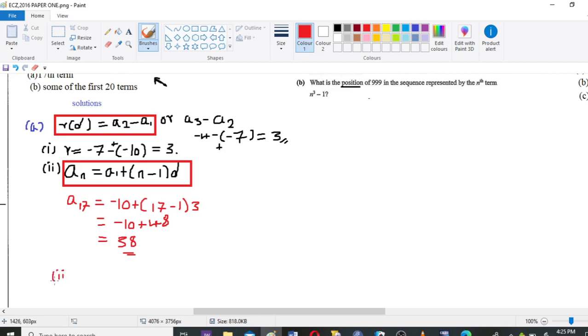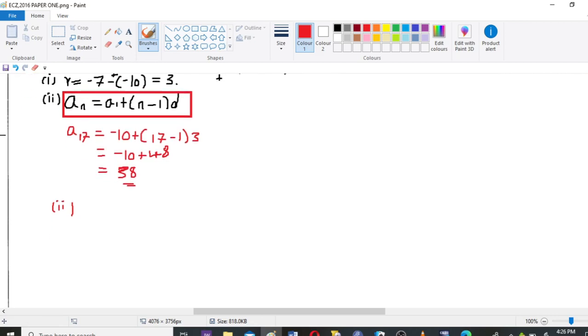So for the sum of the first 20 terms of an arithmetic progression, we'll use the formula again. What is the formula for the sum?